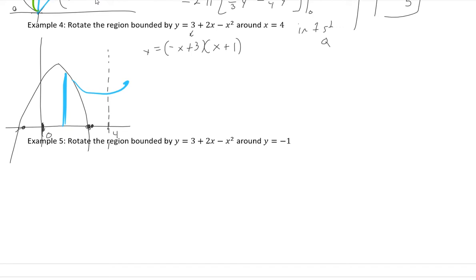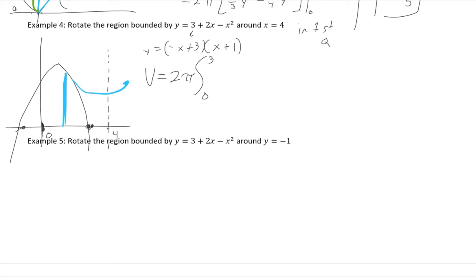Okay. So we have volume equals 2 pi times the integral from 0 to 4. We're integrating the function from 0 to 3, rather. And then we have a radius.